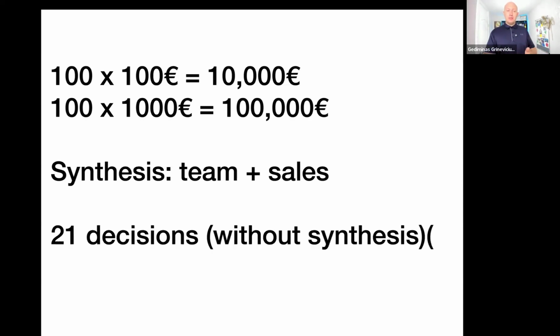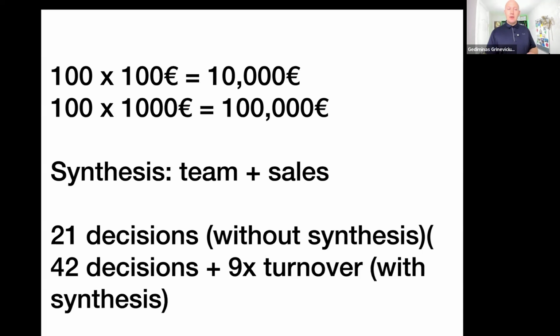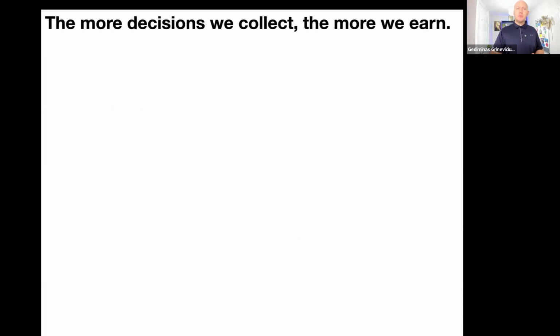You see, without synthesis, let's say you talk to 3 people a day about the business opportunity, you will collect 21 decisions in a week. But with synthesis, you will collect 42 decisions and 9 times the turnover that you would have made. Well, how does that work? Well, the more decisions we collect, the more money we earn. Simple as that.